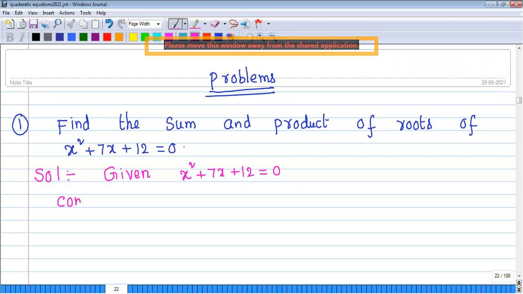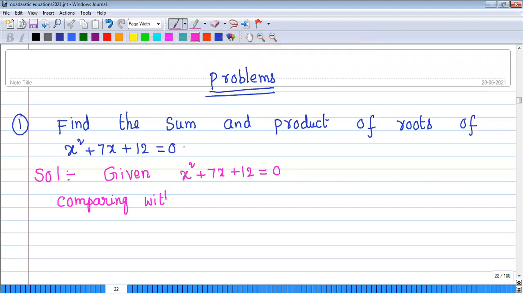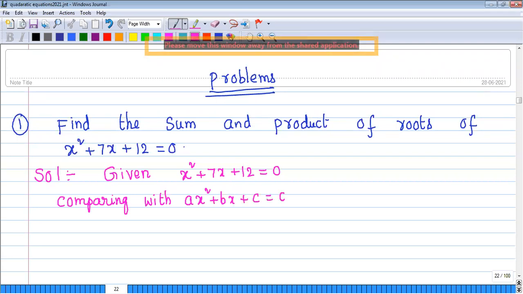Comparing with ax square plus bx plus c equals 0. Here, what does a stand for? The coefficient of x square, numerical term, 1. So a equals 1, b equals 7, c equals 12.